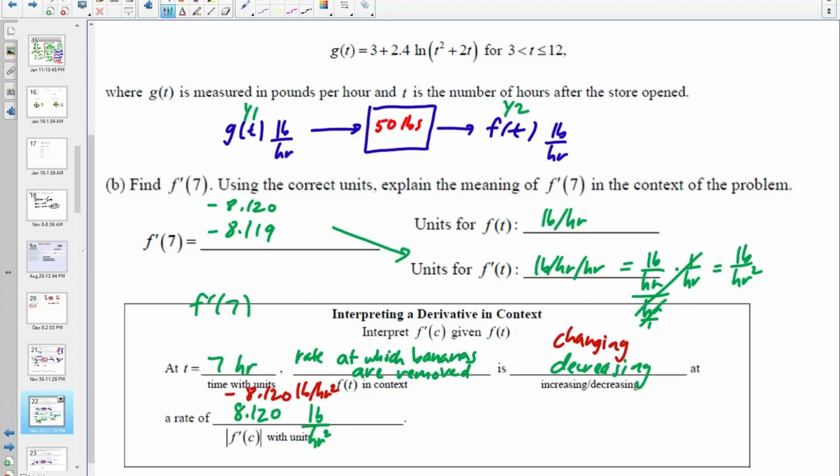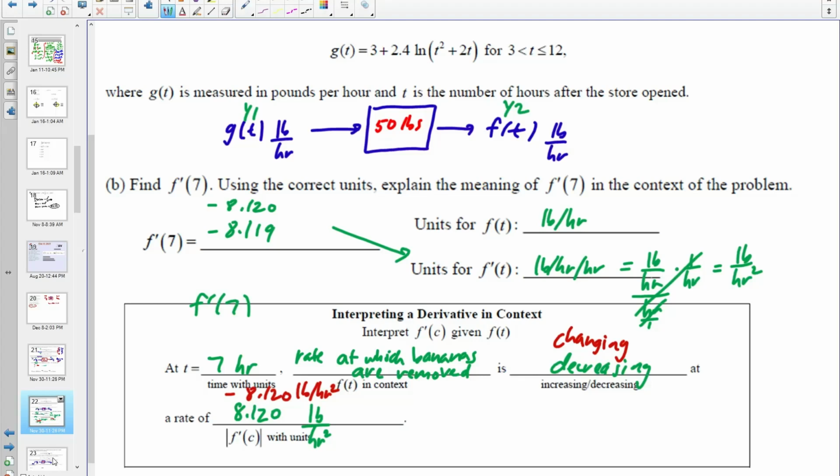AP is moving towards the green, but it's not a sure thing that you have to say it the green way. But we see some readers pushing towards that, so just beware. Right now, I think both are correct. For sure, if you say decreasing, do not say decreasing at negative 8.120, because now you've got a negative and you're really saying increasing. Okay?